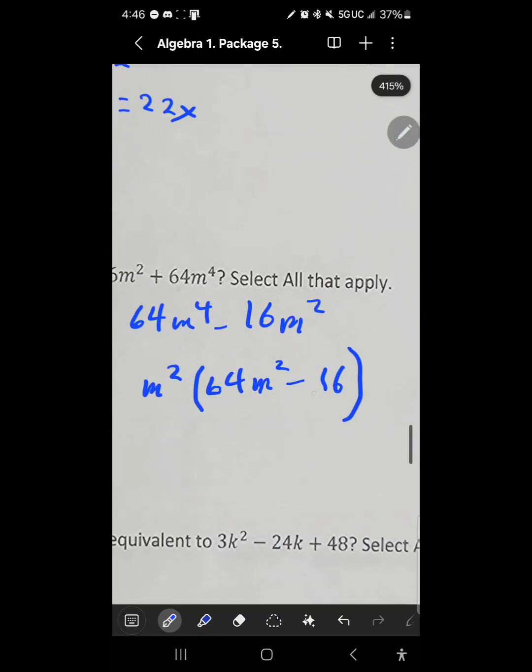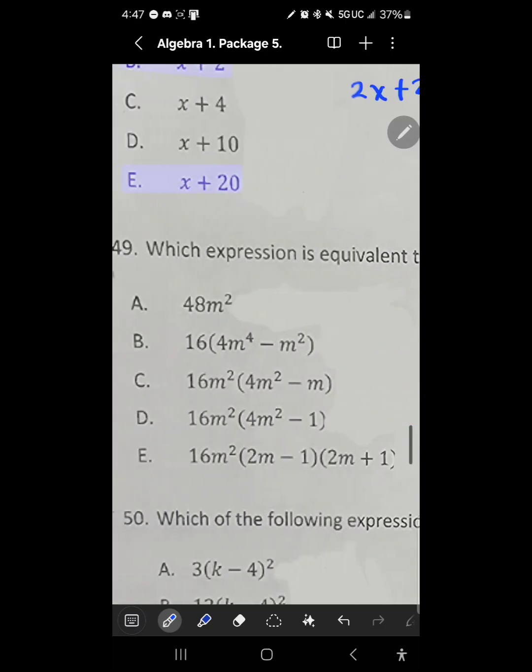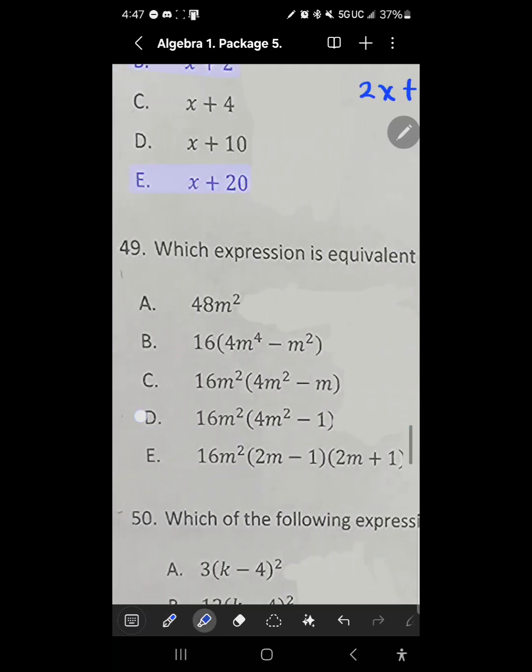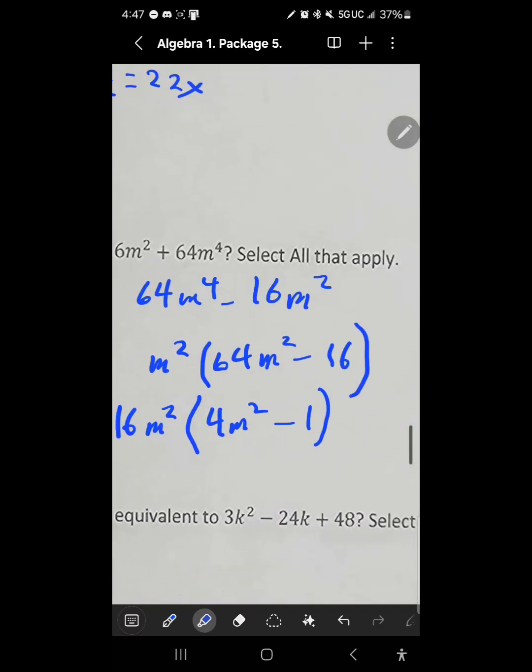We can actually divide by 16, and we can take the 16 out: 16 m squared. 64 divided by 16 is 4, so 4m squared minus 16 divided by 16 is 1. Is it one of the options? Yep. Now, there's one more thing.